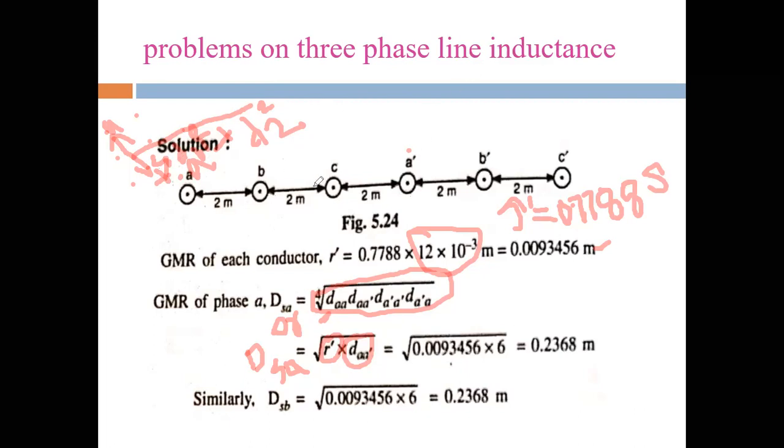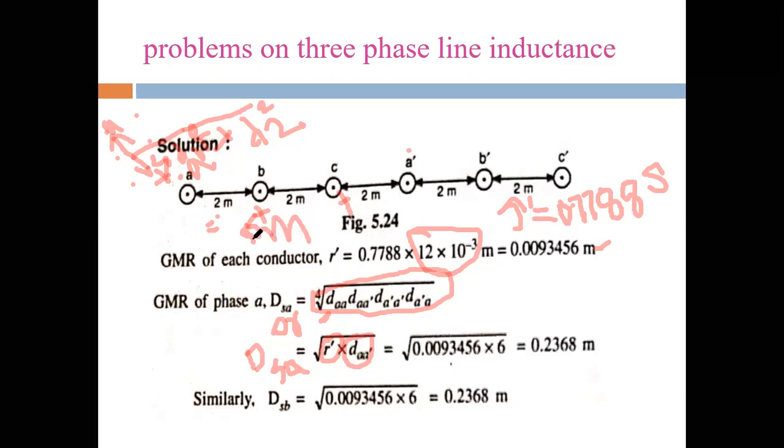Therefore, to find the distance between A to A dash, we add the distances: A to B is 2, B to C is 2, and C to A dash is 2. So 2 plus 2 plus 2, 4 meters, 4 plus 2, that is 6 meters.